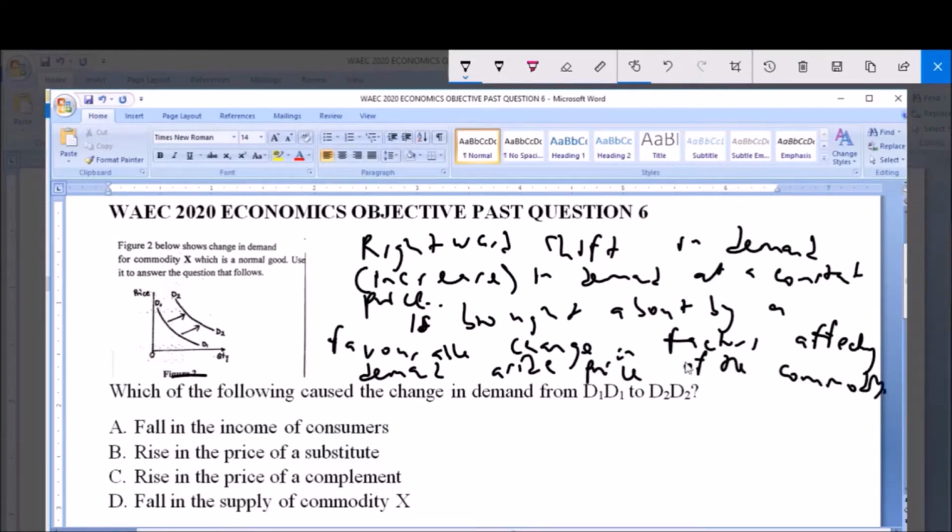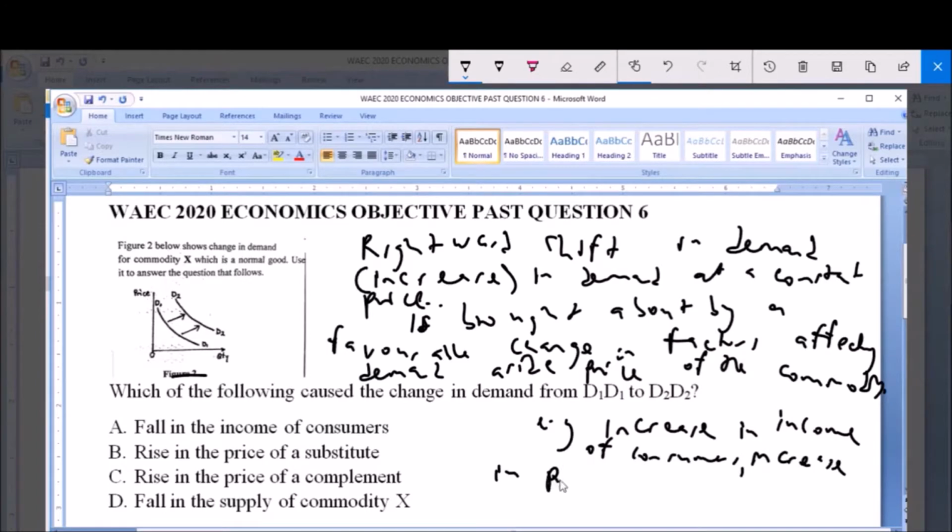An example of some of these factors could include, let's say, an increase in the income of consumers or an increase in price of a substitute.